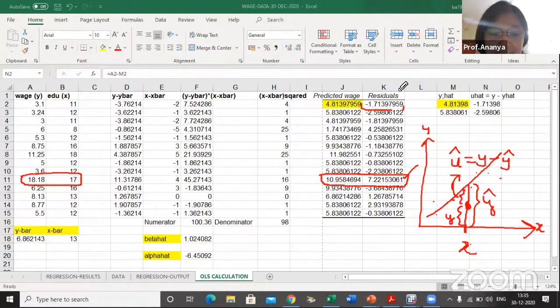It's being driven down to zero. And the average value of the least squares residuals is actually zero. That's part of the least squares methodology. If you look at the average of this particular column, it'll go to zero.